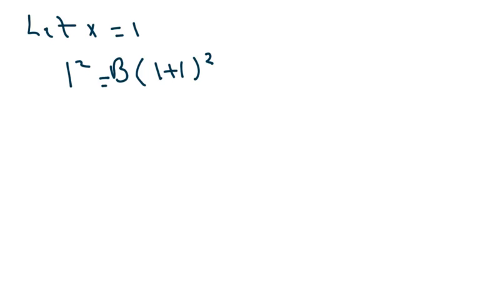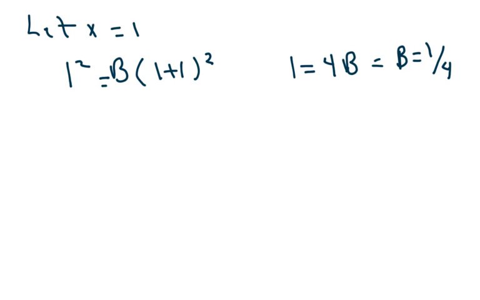We're going to let x be 1, and you should have this written down. Then we're going to get 1 squared equals, and clearly A, C, and D zero out. So the only thing you're going to have is 1 plus 1 squared times B. So this is going to be 1 equals 4B. So B equals 1/4.